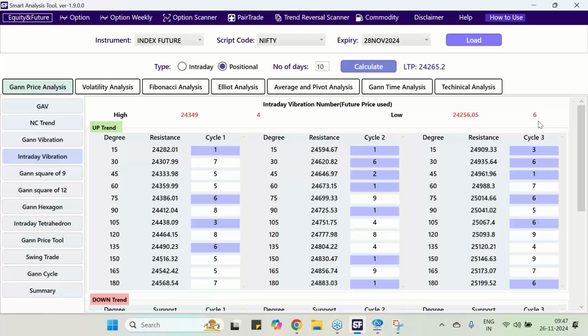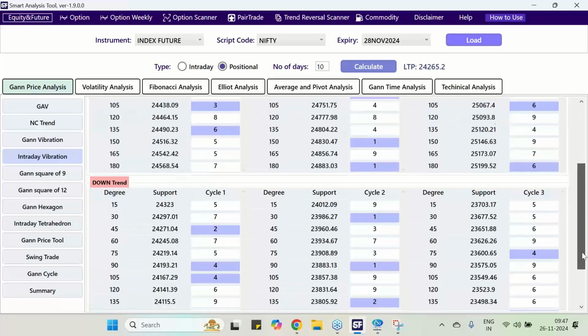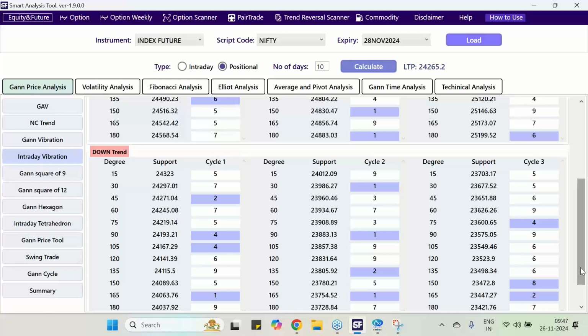Earlier, we started with 1, then became 9, then 8, now it is 6. With vibration number 6, 24,282 is another resistance. If that crosses, 386 is the next resistance. In between, these smaller resistances can be penetrated. So understood how the vibration number changes.